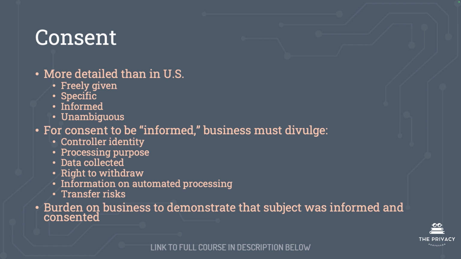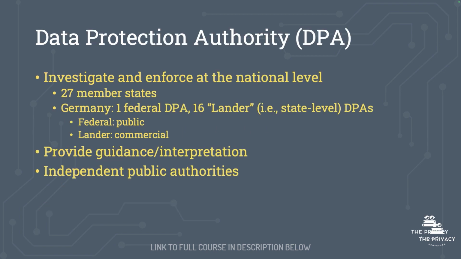If any automated processing of the data is going to be taking place, the business must provide information on that. And the data controller must also inform the data subject on transfer risks. And unlike in the US, under the GDPR, the burden is on the business to demonstrate that the subject was informed and consented.